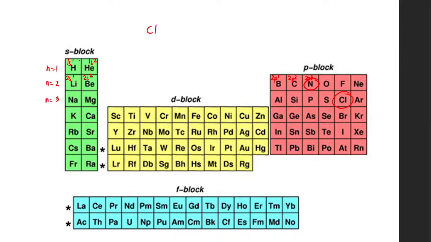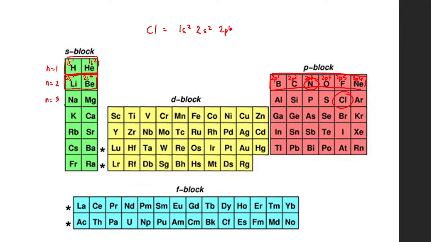So if you're going to write this, we have our 1s2, and then we fill our 2s2, and then we fill all of this right here, which is our 2p6, because this is 2p4, 2p5, 2p6.